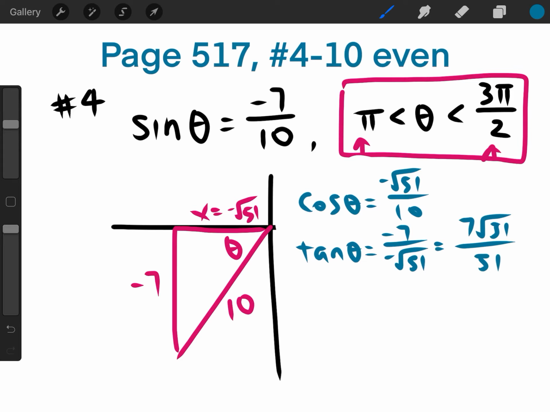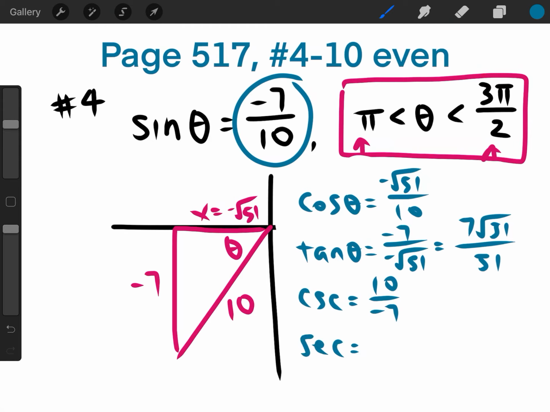Then you got cosecant. That's just going to be the reciprocal of -7 over 10, so it's going to be 10 over -7. Secant is the reciprocal of cosine, so just flip the fraction.